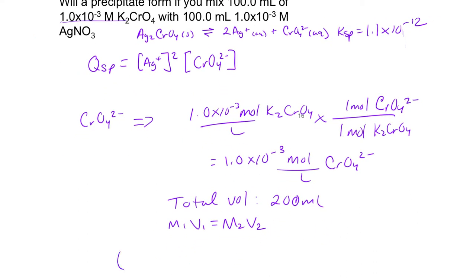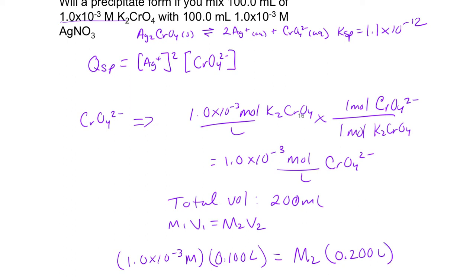Our initial concentration is 1 times 10 to the minus 3 moles per liter. Our initial volume is 100 milliliters or 0.1 liters. We want to solve for M2, and our total volume is 0.2 liters.